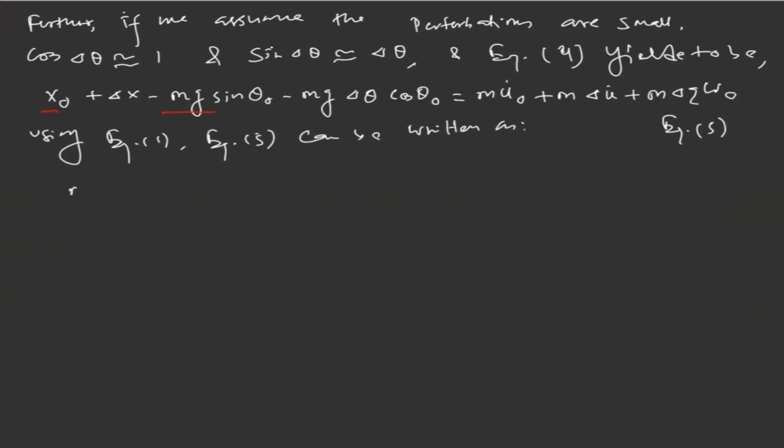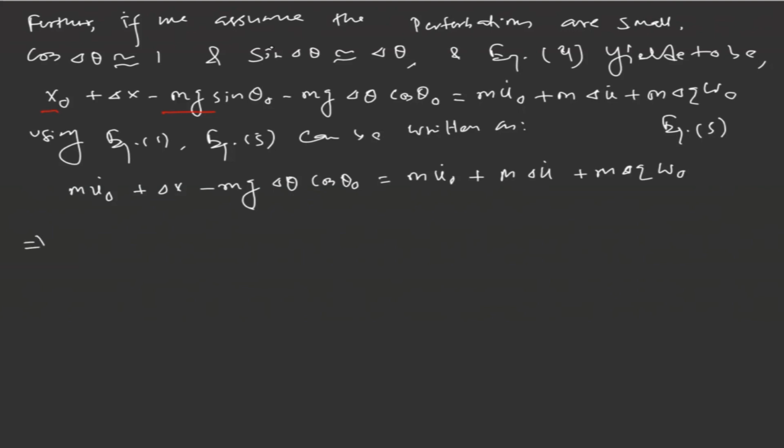mu naught dot plus del x minus mg del theta cos theta naught equal to mu naught dot plus m del u dot plus m del q omega naught.